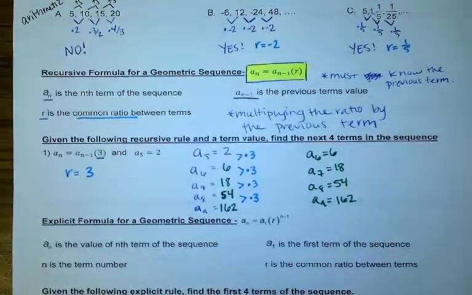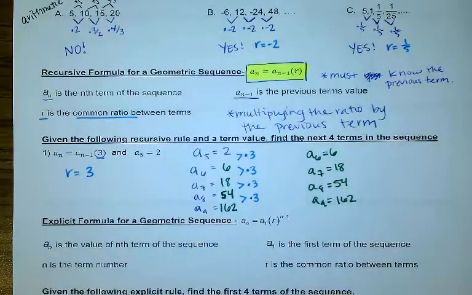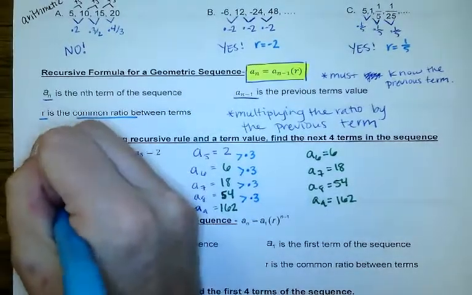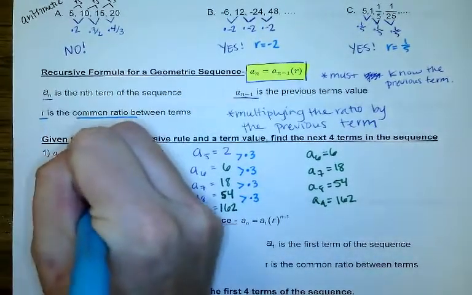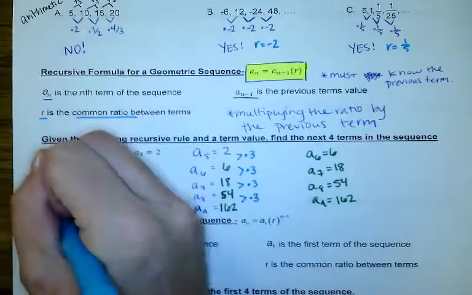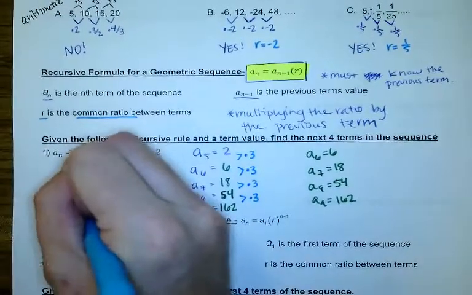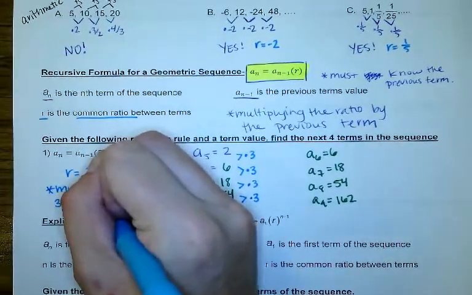Alright guys, so I guess I didn't really need to write it out twice, but I did. Every single time we're just multiplying by 3 to get the next term. Do you guys feel okay with this?